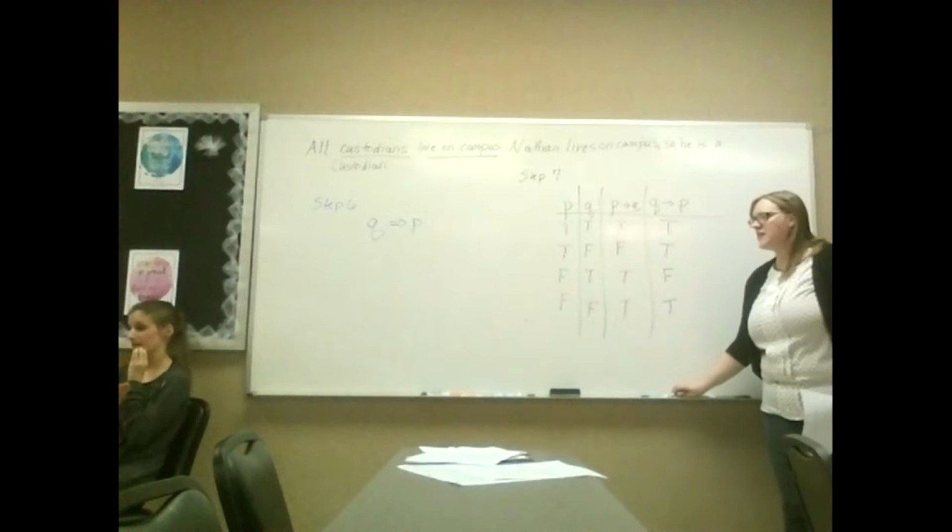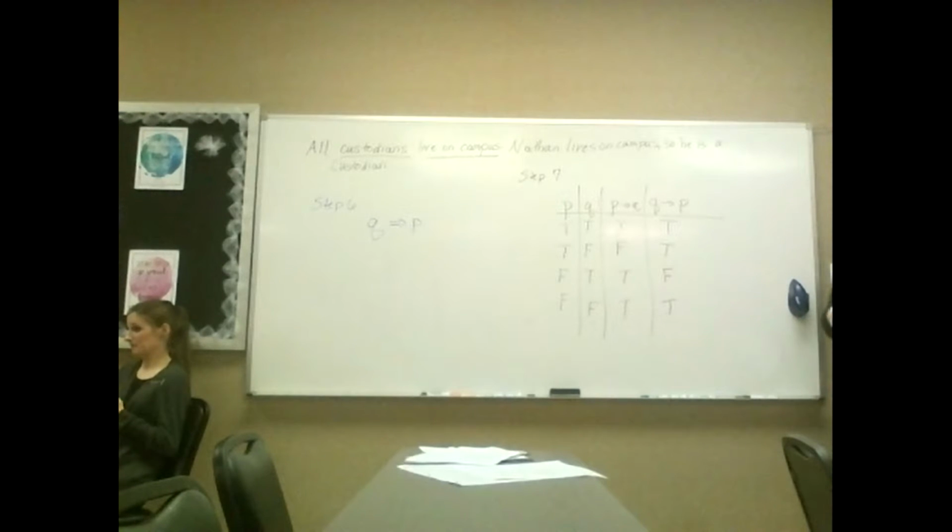Now we've gotten to the part that caused some confusion with the previous one. For step 9, we're looking only for the rows where the letter that is the premise of our argument and the letter of the conditional that has to do with our solid fact are both true.